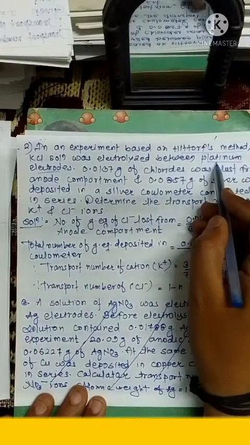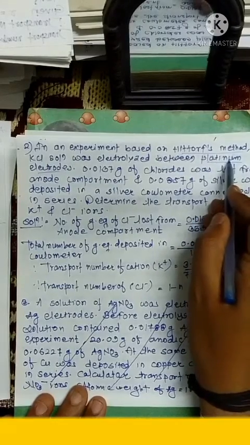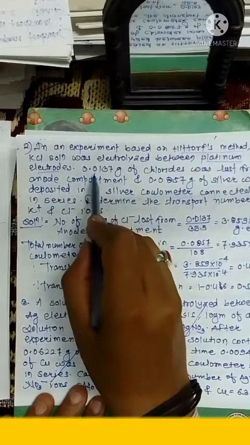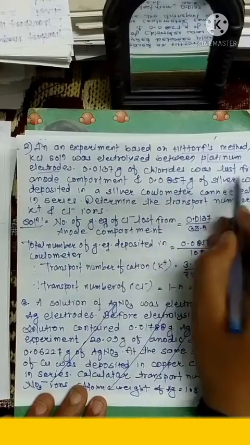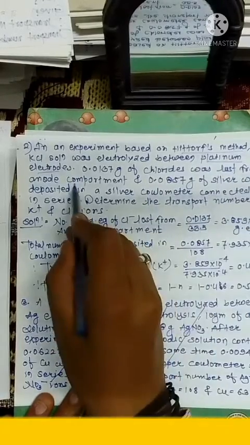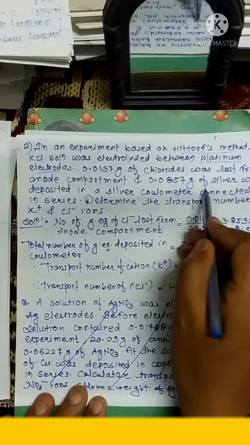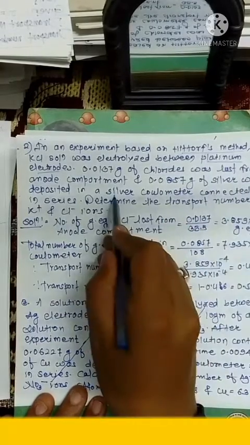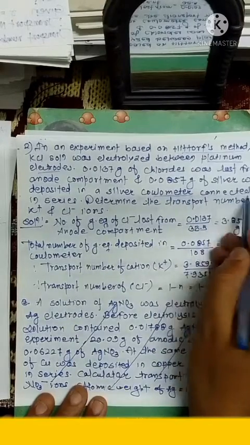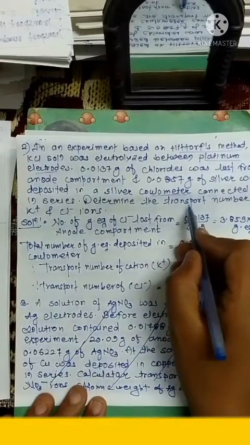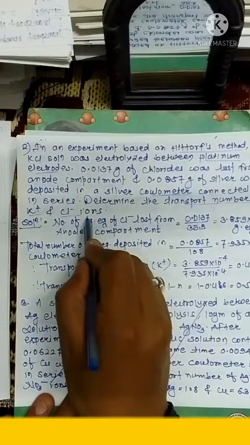This condition is important because platinum electrodes are not attackable. 0.0137 gram of chloride was lost from the anode compartment, and 0.0857 gram of silver was deposited in a silver coulometer connected in series. Determine the transport number of K plus and Cl minus ions.